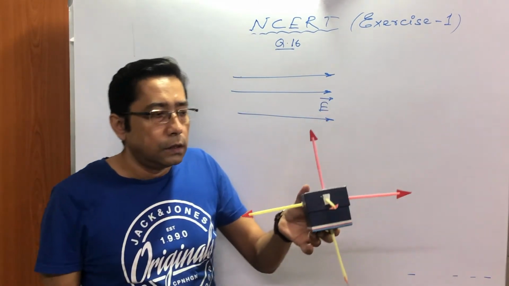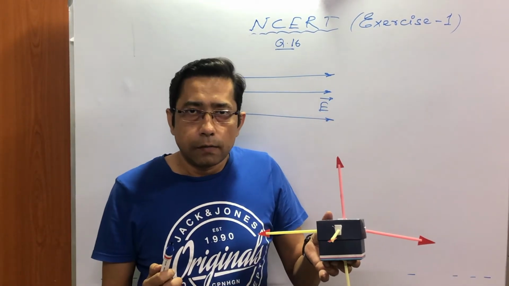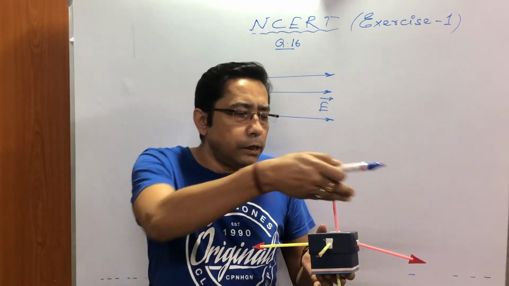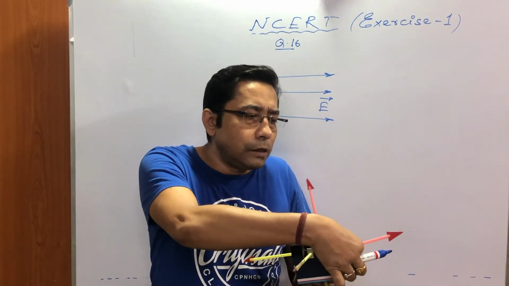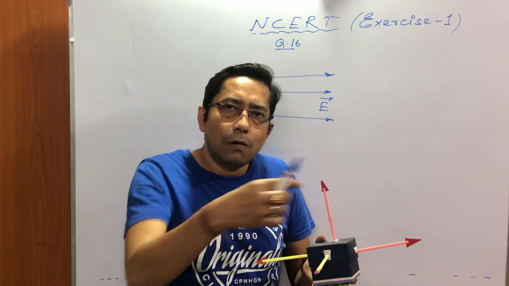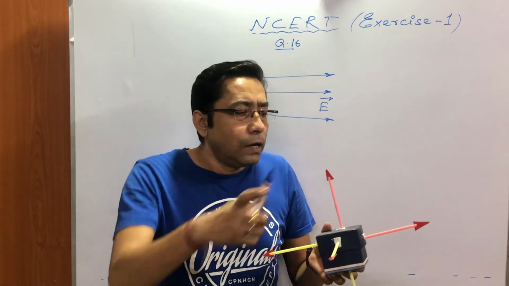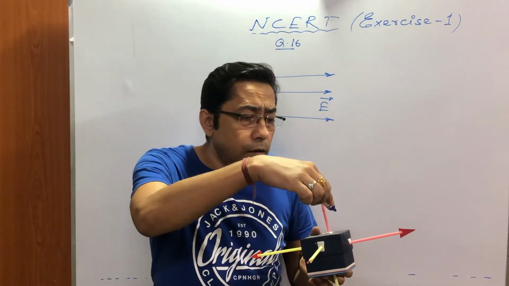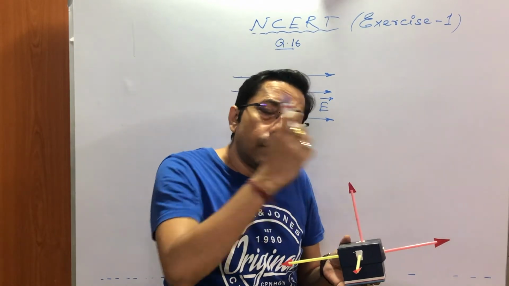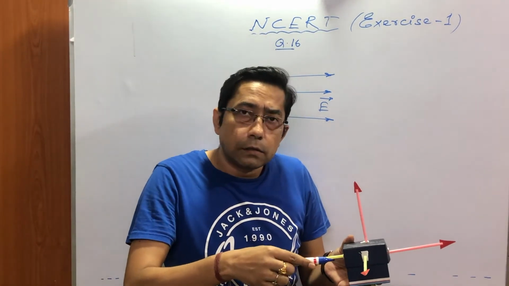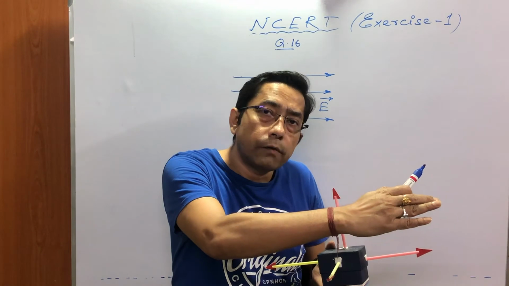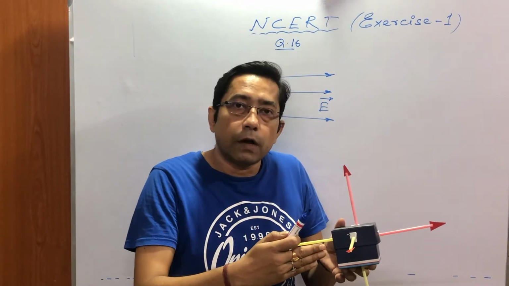For this, there would be a net flux, whichever is greater. Suppose E2S is greater than E1S. So outgoing flux would be greater than incoming flux.